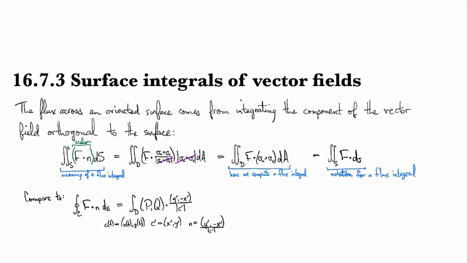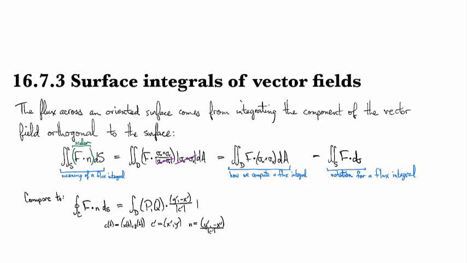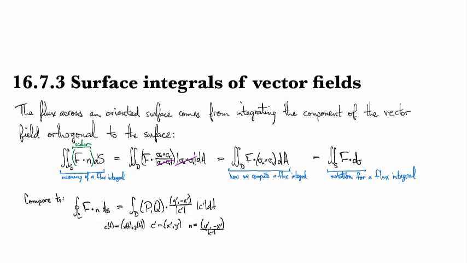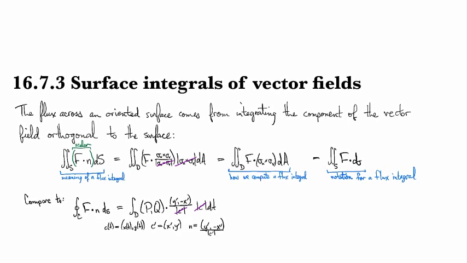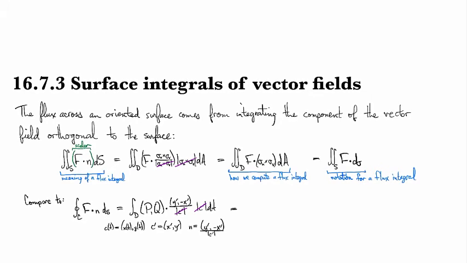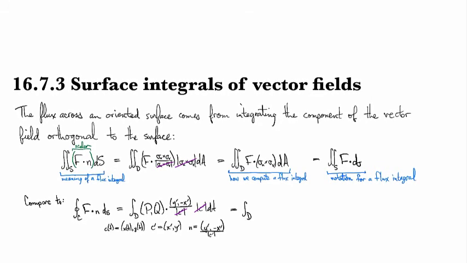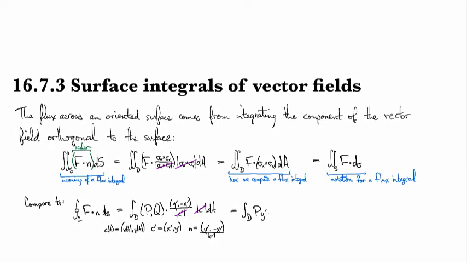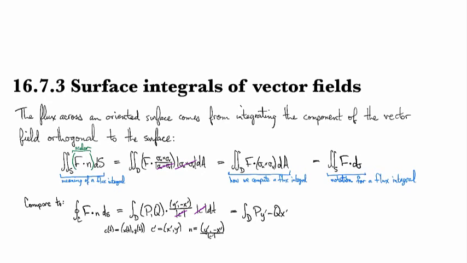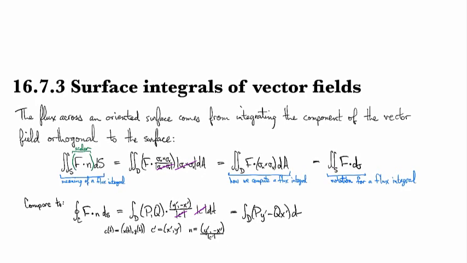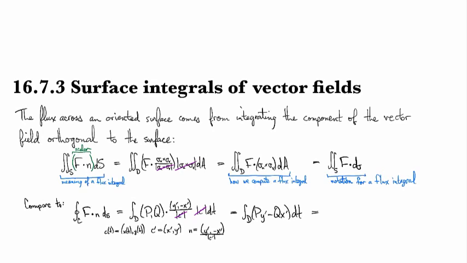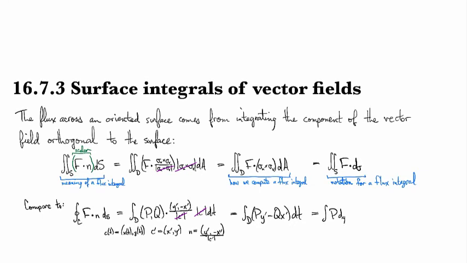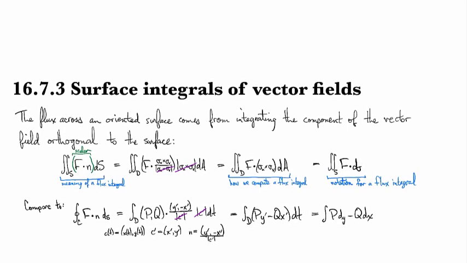And then we have ds, which is c prime dt. And so, beautiful little cancellation, and we end up with the integral over C of p y prime minus q x prime dt, which we typically just write in differential form as p dy minus q dx, right?